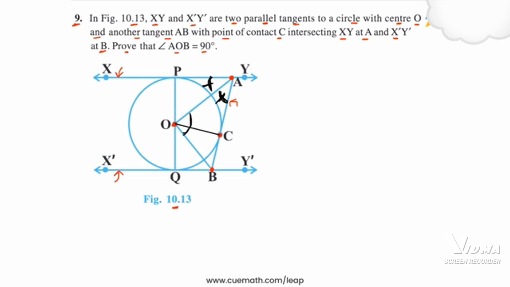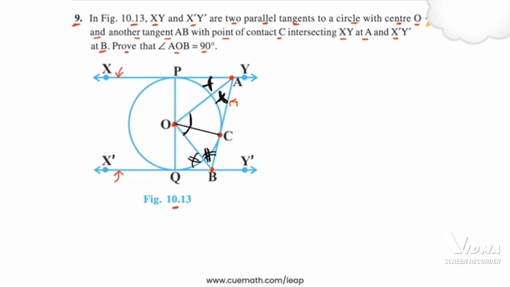Similarly, it's easy to show that triangle OBQ is congruent to triangle OBC, and therefore the angle QBO is equal to angle CBO, which is this angle here, right?